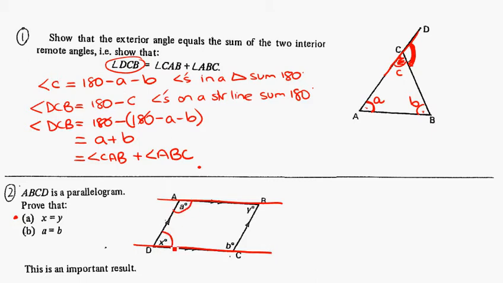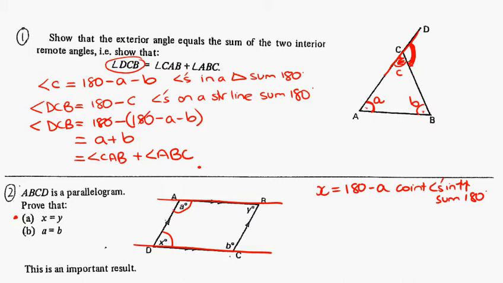And I can see that x is going to equal 180 minus A, and that would be co-interior angles. Those are co-interior angles between the two parallel lines. Co-int angles and parallel lines sum 180.